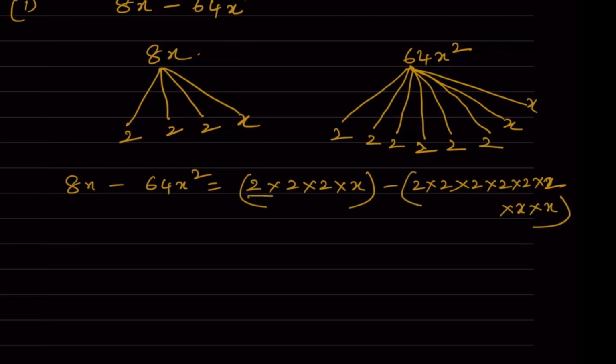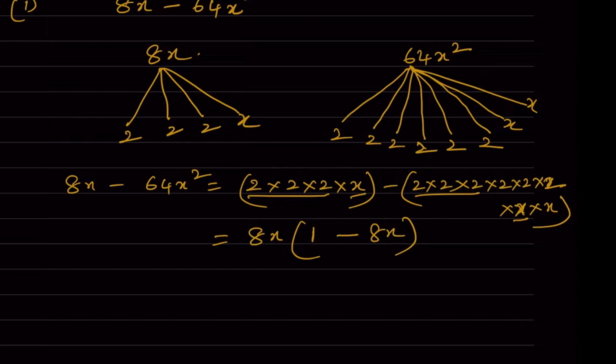You have three 2s here, and here also three 2s, 1 x and 1 x. We take these common. So it becomes 8x if I take it out common here. What is left over here? It is left with only 1 because all of them are taken outside, minus what is left over here? 2 2s are 4, 4 2s are 8, 8x. So therefore the factors for 8x minus 64x square is 8x into 1 minus 8x.